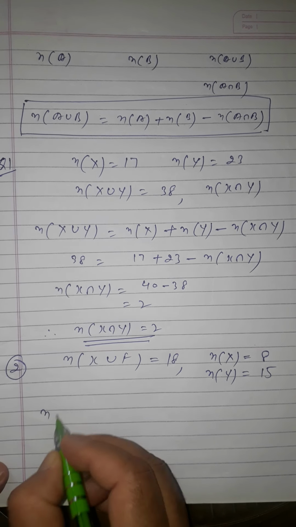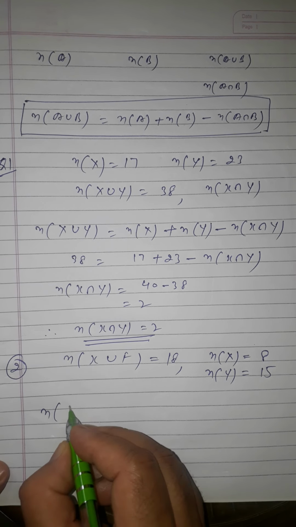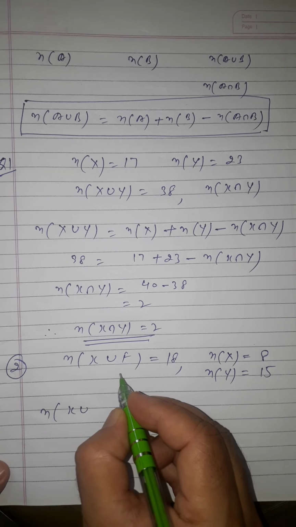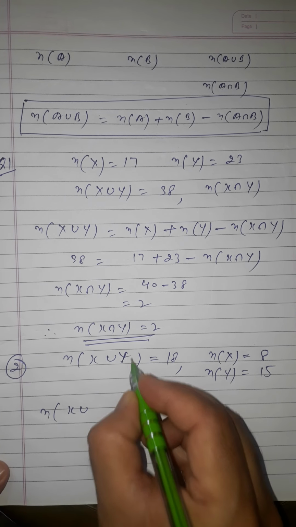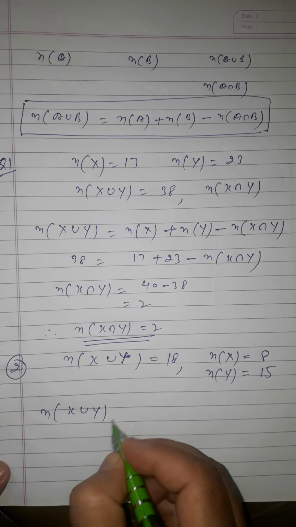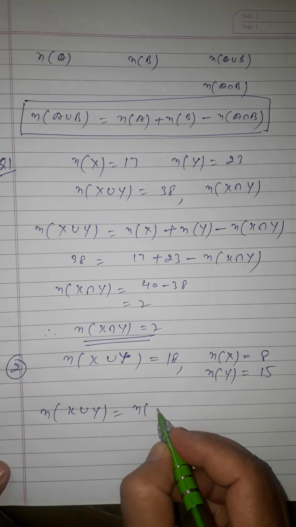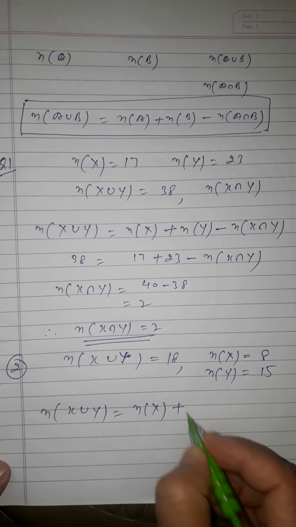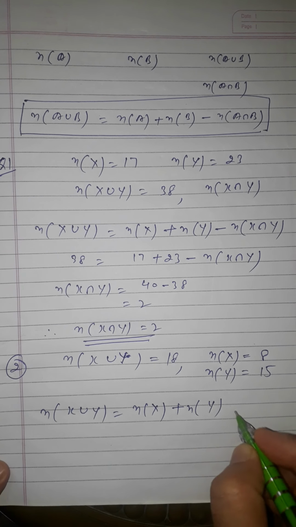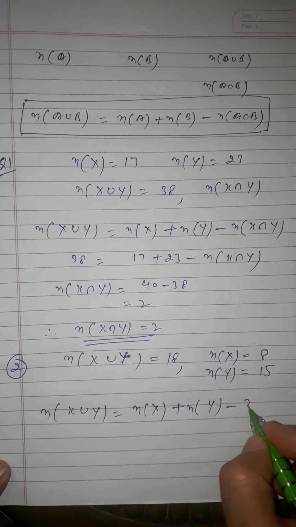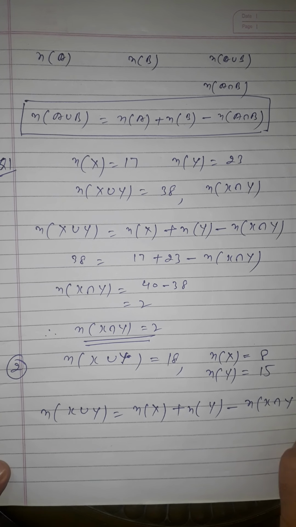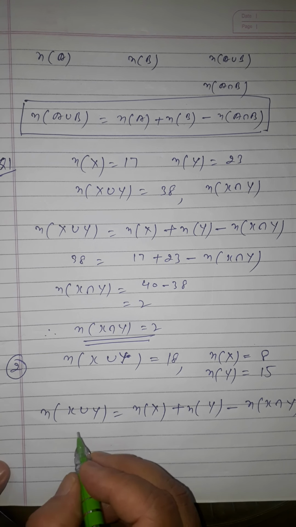So once again what you will do, you will write x union y, students, x union y is equal to number of the elements of the set x plus number of the elements of y minus their intersection, like this. So now we will put the values.